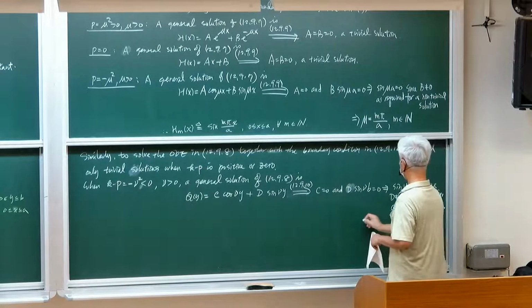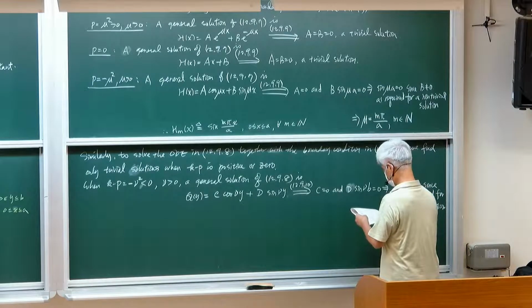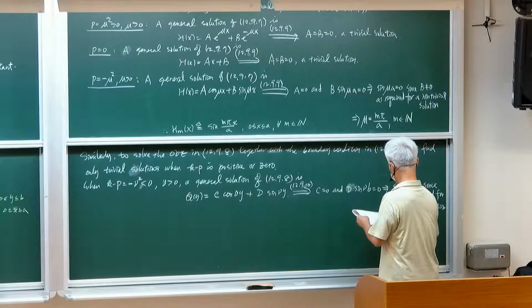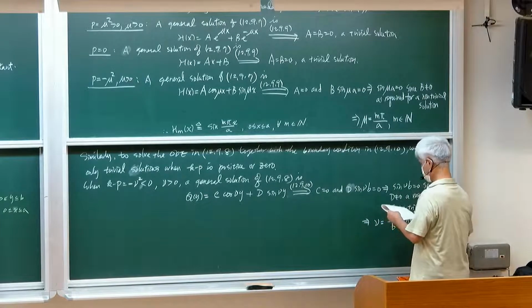So this means that nu is equal to n pi divided by b, and n is any positive integer.